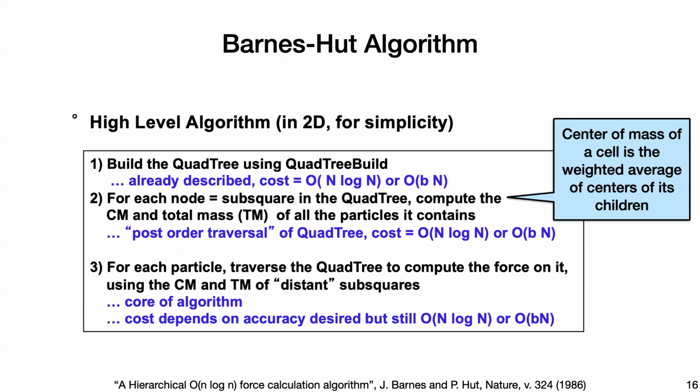You could imagine doing this several ways, but any normal, efficient way would take n log n. A very efficient way would be bottom-up: you compute the center of mass and total mass for all the leaves. If each one has order one particles, that takes order one for each leaf. This assumes that you have the means to access all the leaves somehow. And the nice thing is they can all happen in parallel.